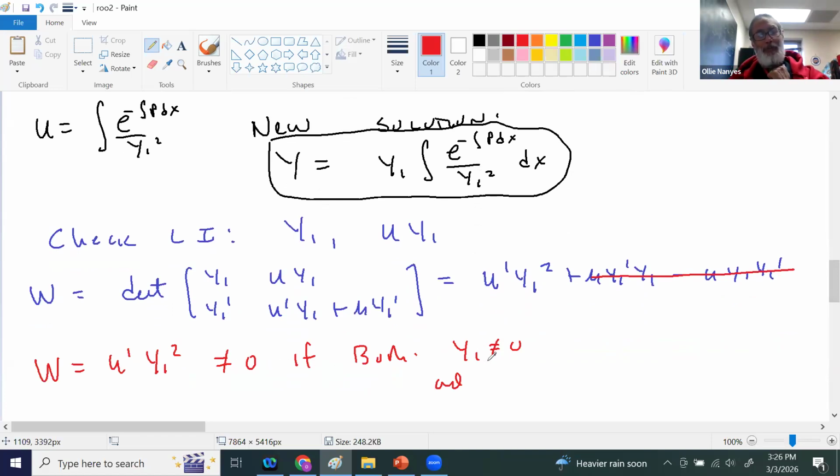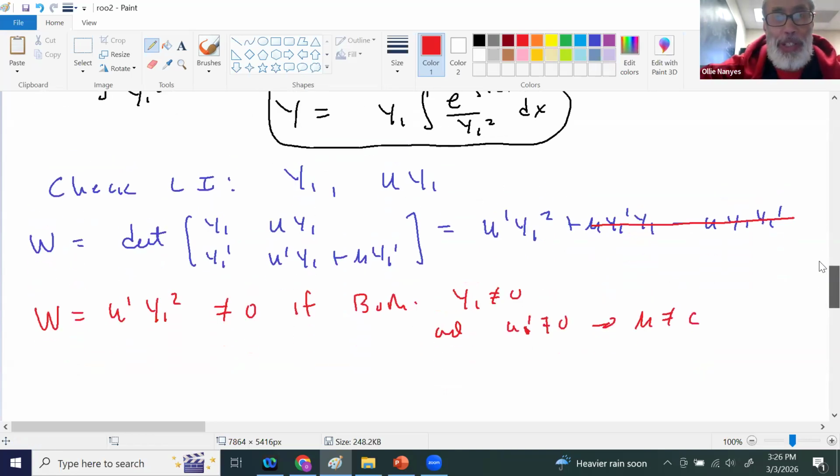So if y1 is not 0, and then u prime is not 0, which means u is not a constant. But if u were a constant, then this would just be a constant multiple, and these would be linearly dependent. So assuming u is not a constant, and y1 is not 0 to begin with, then these are linearly independent.